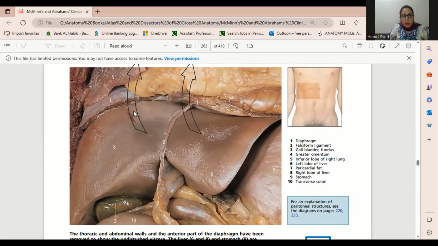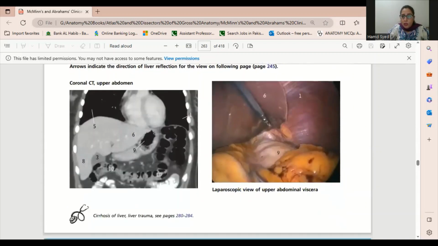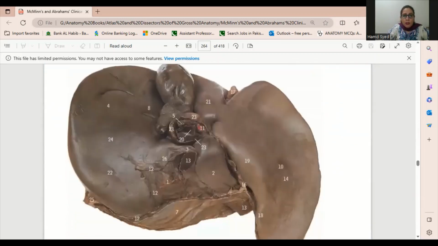So if we were to lift this liver upwards in the direction of these two arrows, and then we want to observe the structures which can be appreciated, then this is the appearance of the liver from below and behind. Now, over here, as the liver has been lifted upwards, keep this in mind that this here is the anterior aspect of the liver.